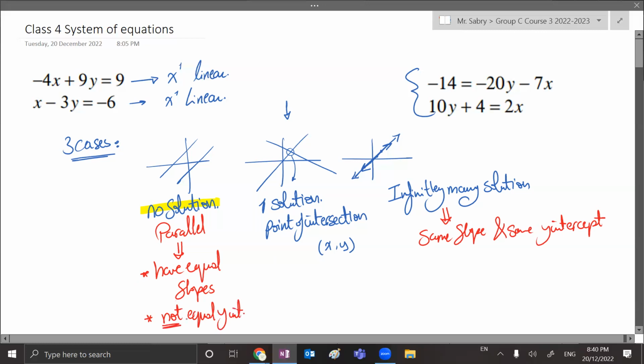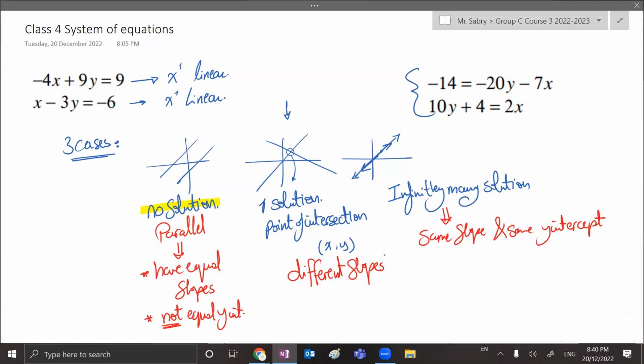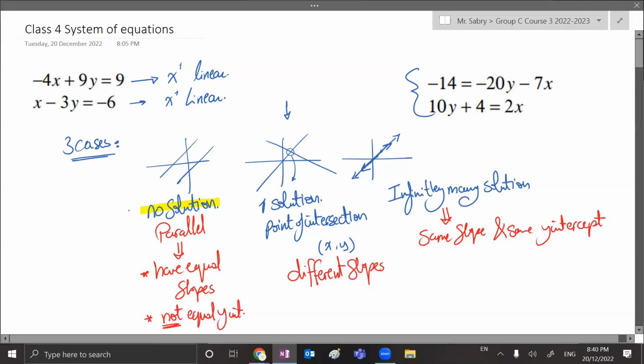So again, the three cases are the following. If they have different slopes, it means they have a solution. If they have the same slope and the same y-intercept, then they have infinite solutions. If they have the same slope but different y-intercepts, it means they have no solution.